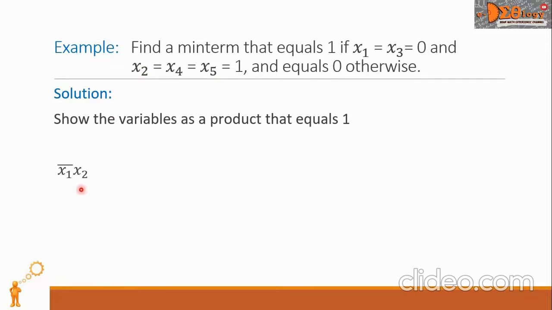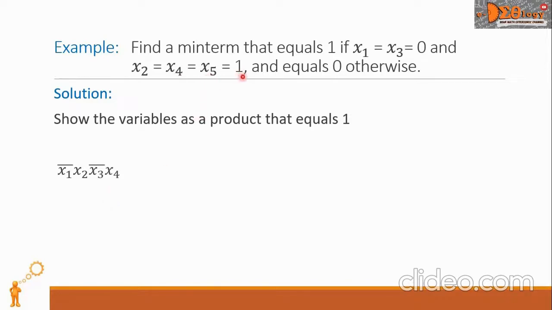Then x sub 3. Note also that x sub 3 equals 0, so we will take the complement of x sub 3. So we write here x sub 3 bar. Then x sub 4, and that is equal to 1, we will just copy down here, followed by the last variable x sub 5.